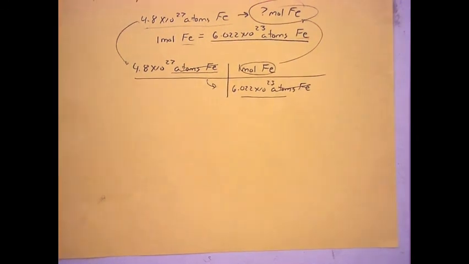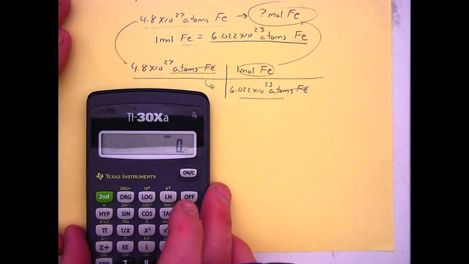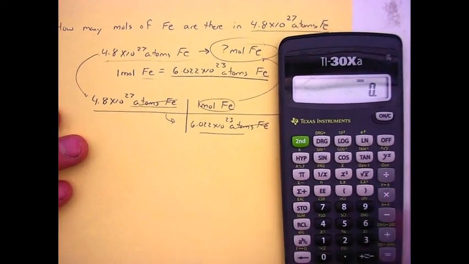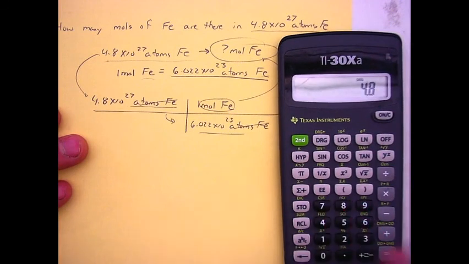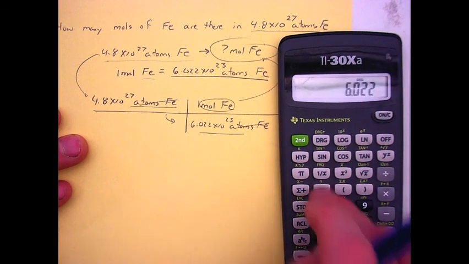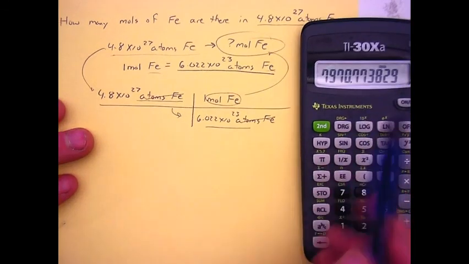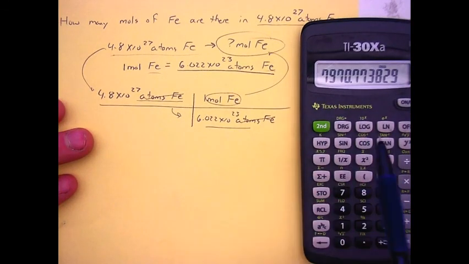This time, when we use our calculator, instead of multiplying, since it's on the bottom, we're going to divide. And we have 4.8 EE27 divided by 6.022 EE23 equals. And I get 7,970.